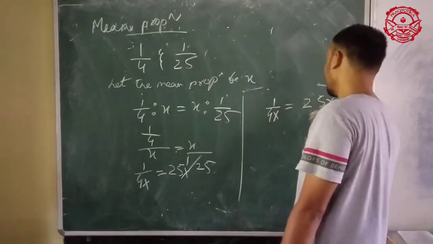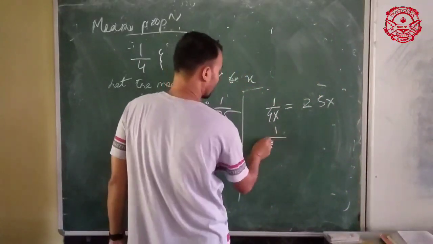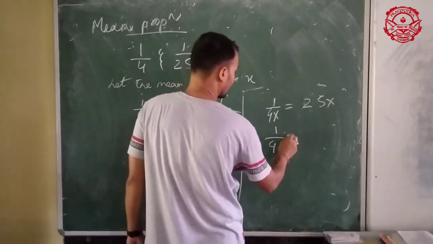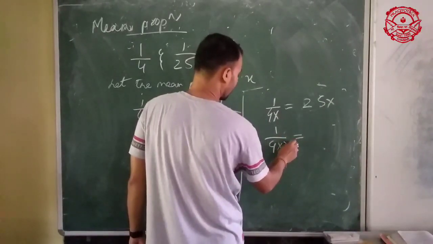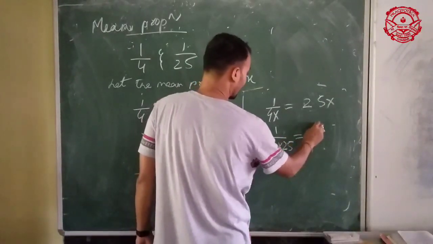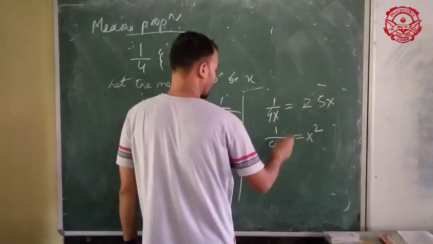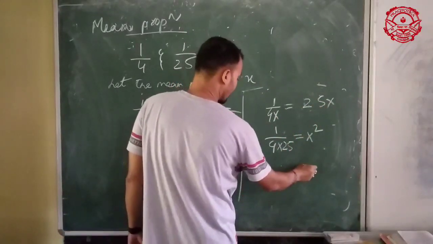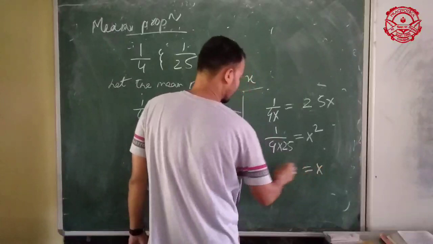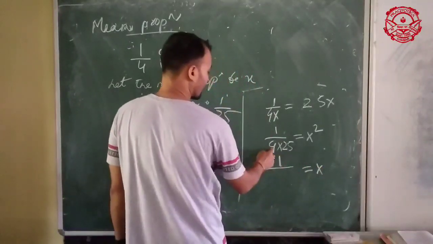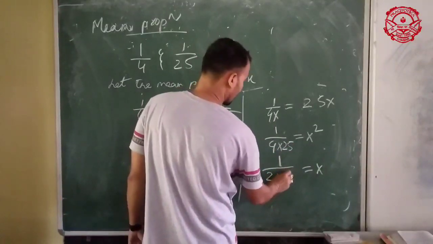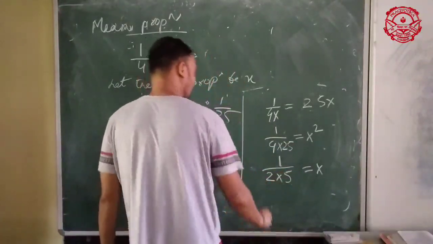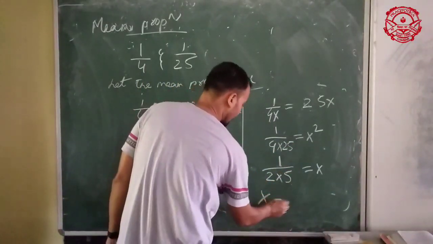Now if x comes this side, this 1 by 4 stays here and 25 comes down into 25, then we will have x square. Now if we are asked to find only x, then we need to take the square root of 1 by 4 into 25. Square root of 4 is 2 and of 25 is 5. The value of the mean proportion is 1 by 10.